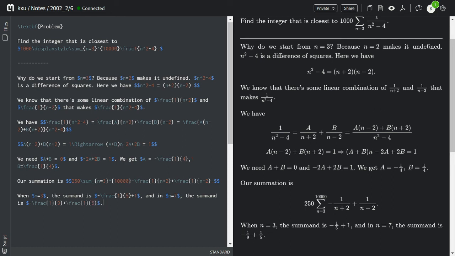And since we're summing everything together, so that means we're adding n equals 3 to n equals 7 somewhere down the line, the -1/5 will cancel out with the 1/5 here.